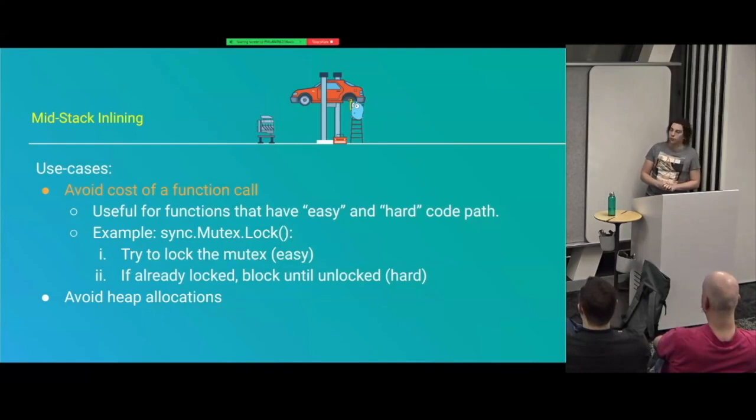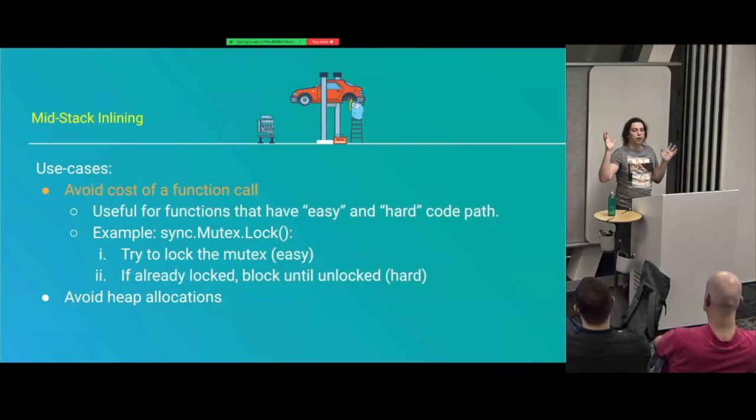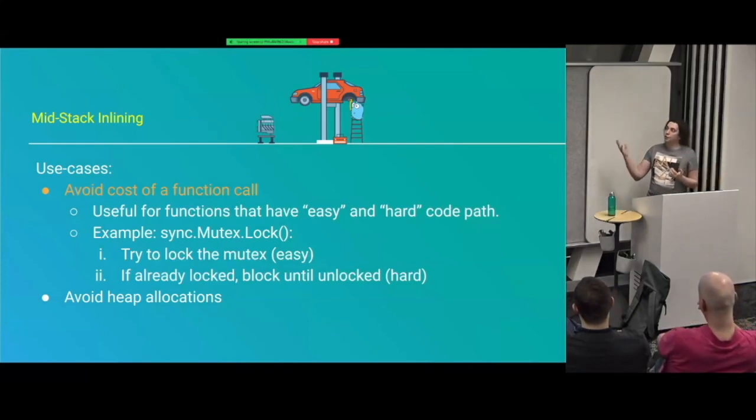This makes sense when we have a simple function that we call, it will get inlined always. When we have a complex function, it will basically never get inlined. But where this makes sense is where we have a function that sometimes is simple and sometimes is complex. So we have some easy path and hard path.